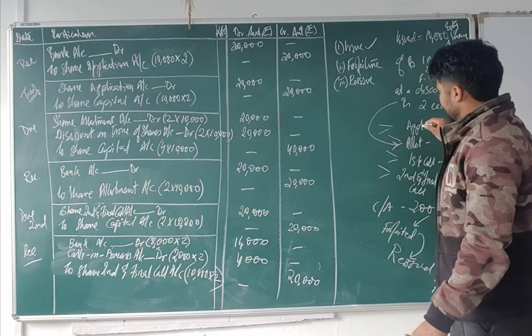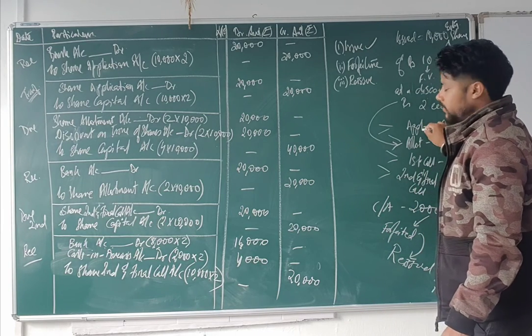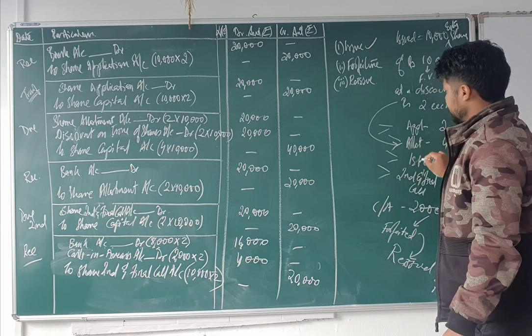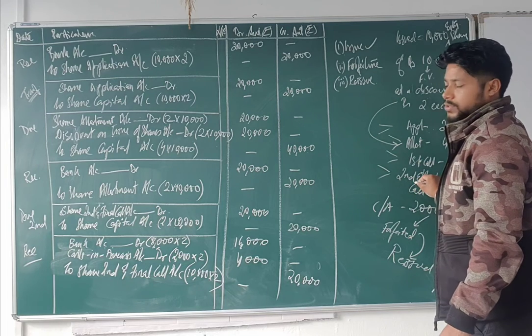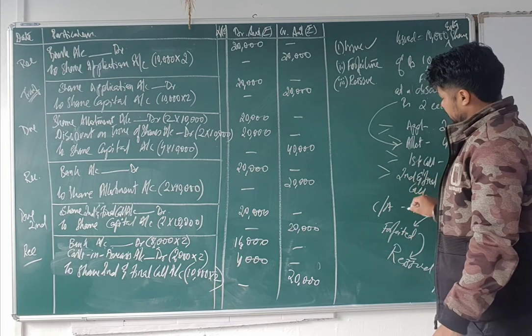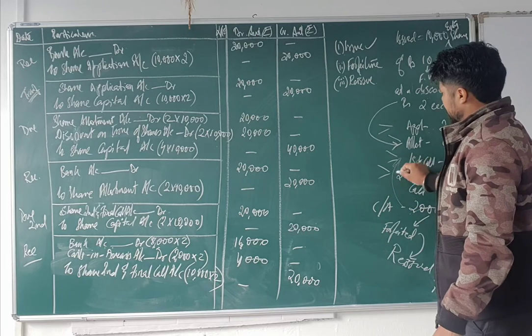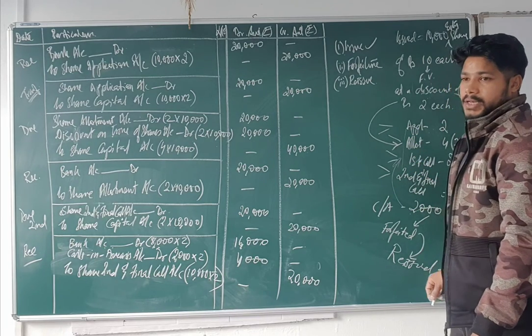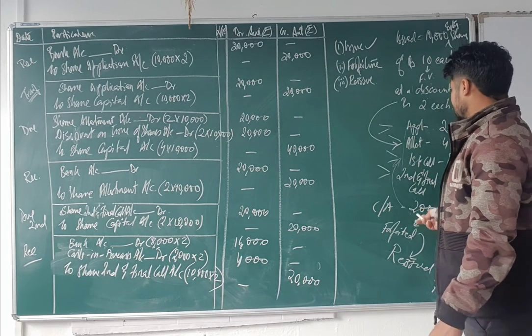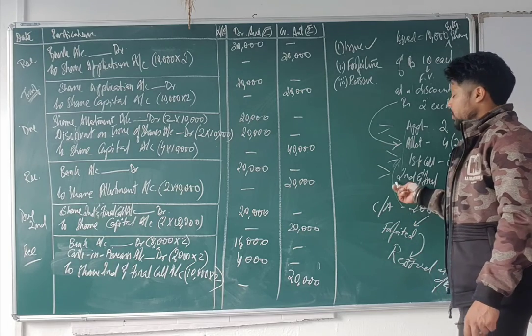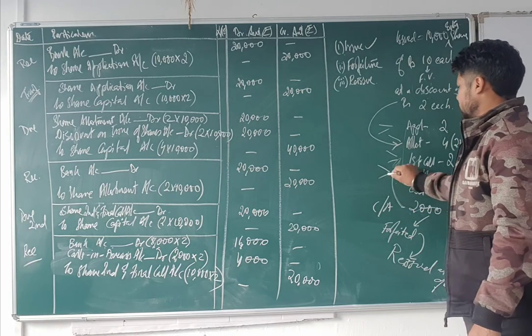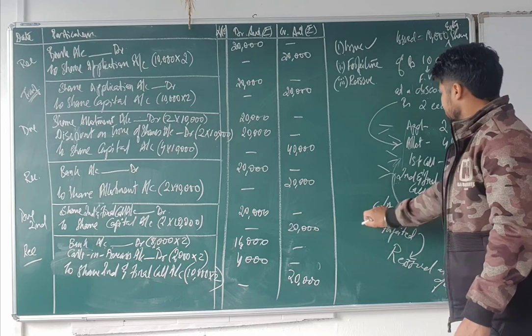Issue entries means you have to give entries for receiving, transfer, due, receiving, due, receiving, due, receiving. Is it okay? And when calls-in-arrears are there, it will be affecting you somewhere here. Am I clear? According to the calls-in-arrears, it was only in second and final call, and it affected only this one. Am I clear? So we are done till here.